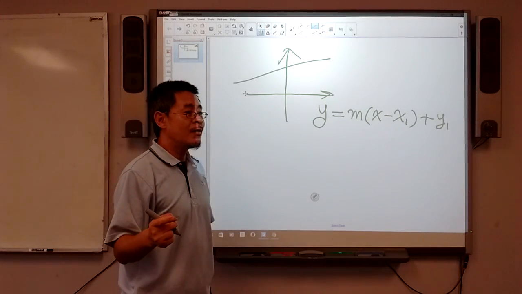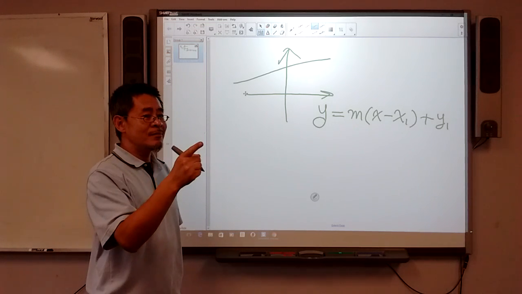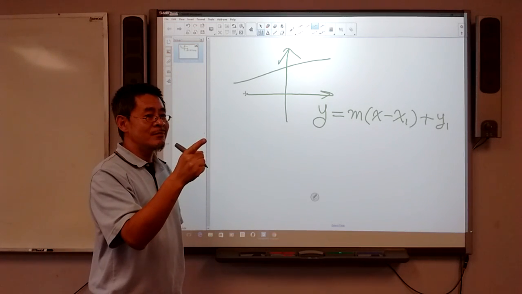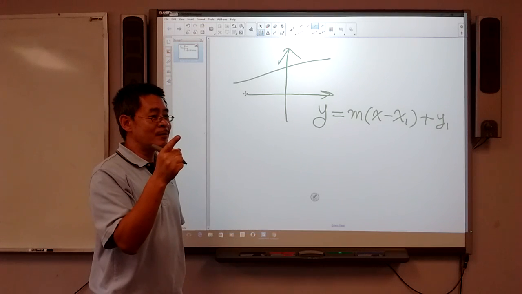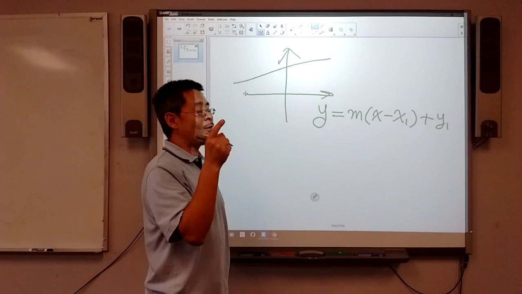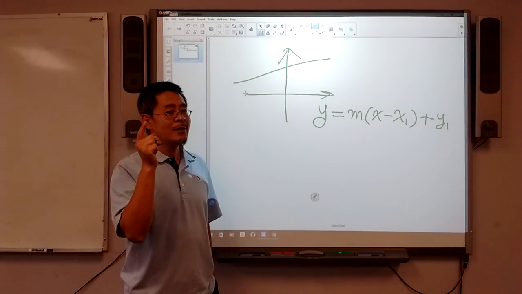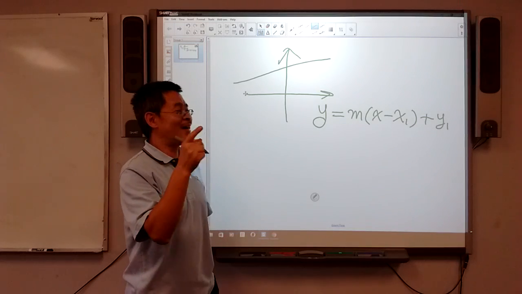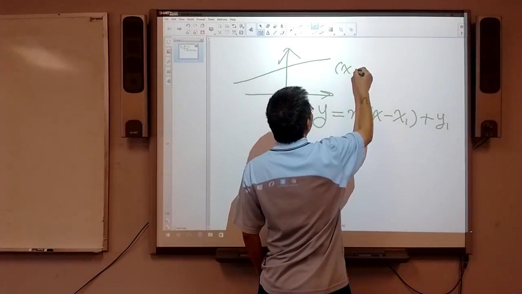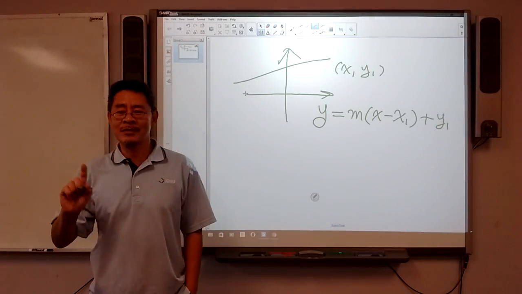We know the slope and we know what? Where is x sub 1 and y sub 1? Point slope. Yeah. x sub 1, y sub 1, that's the point. This is the slope. Okay, so the point slope.